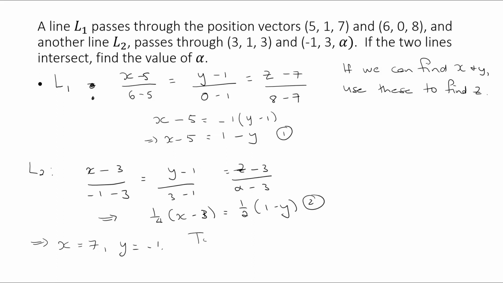So to find z, (z - 3)/(alpha - 3) is going to be equal to -1, say if we take the -1 as y, and that will give us that z is equal to 9.